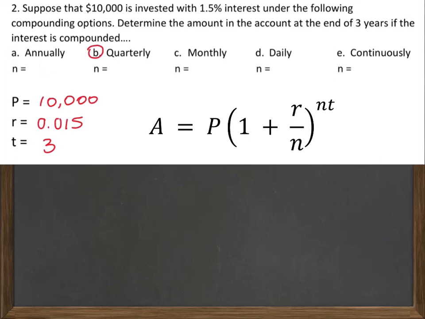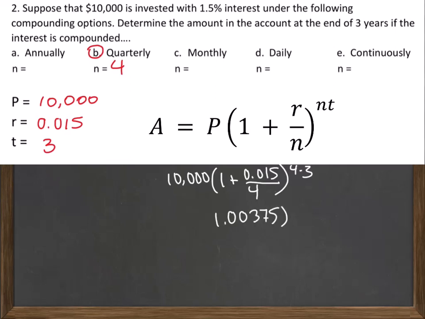All right, let's keep going. So now suppose we're compounding quarterly. Again, the only thing that changes is our n here. N would be 4. We're compounding it 4 times a year. So we have 10,000 times the quantity of 1 plus 0.015 over 4 raised to the 4 times 3. So 0.015 divided by 4 is 0.00375. Okay, 4 times 3 is 12.